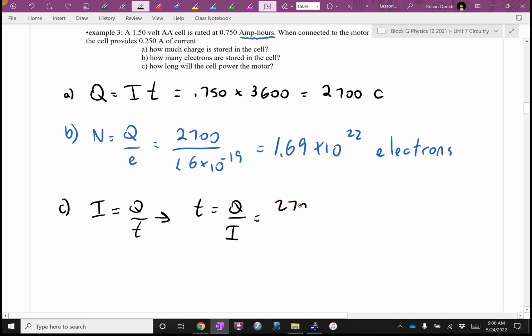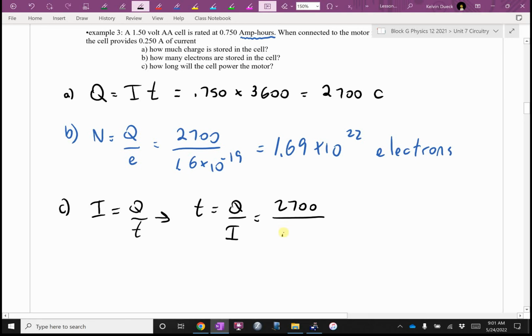We have 2,700 coulombs of charge. How many amps is this specific device pulling? It tells us how many amps it's pulling. No, read carefully. When connected to the how many amps?